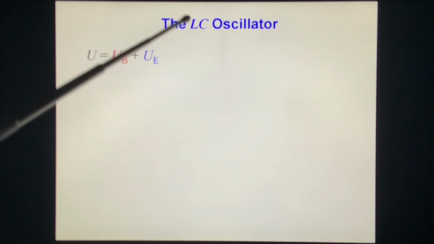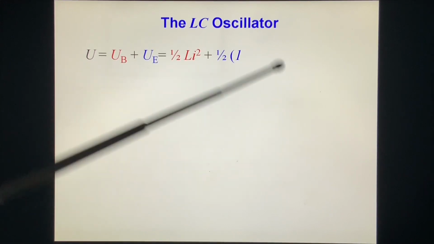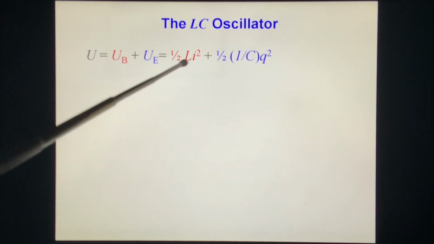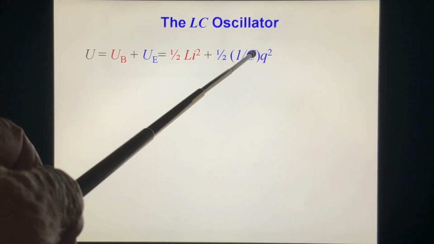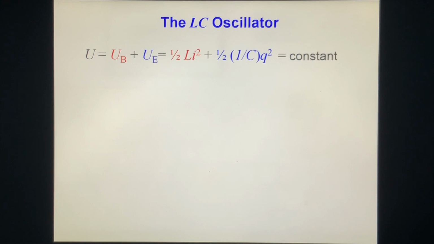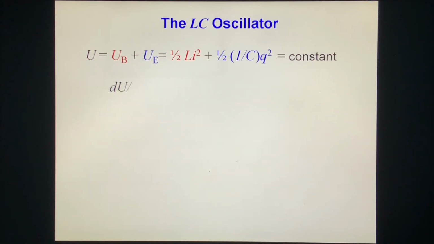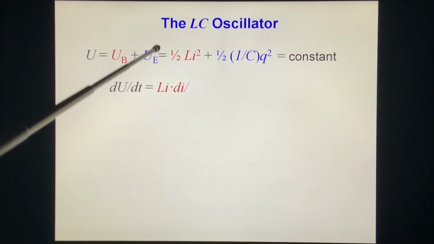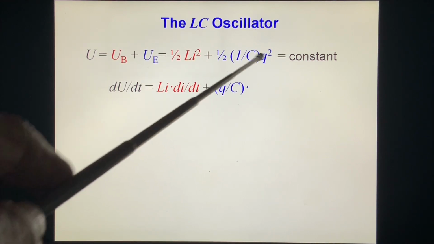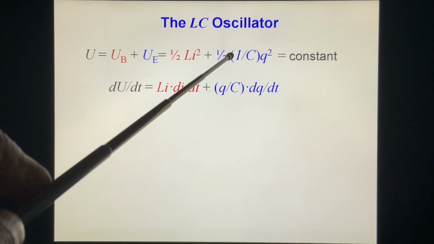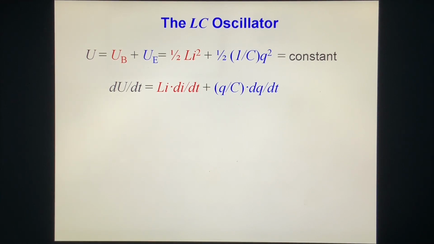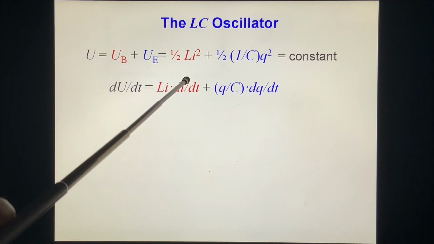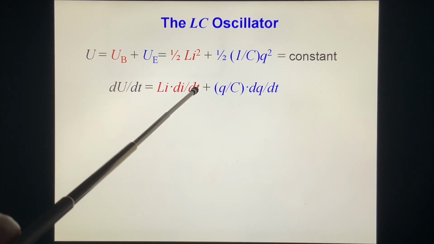Now we go back to the LC oscillator. Same reasoning. This is for the coil, the magnetic field, and this is the electric field in the capacitor. The total is constant, so with dU/dt equals 0, the halves cancel out: L i di/dt plus q over C dq/dt equals 0, and i is dq/dt. So di/dt is the second derivative of q with respect to time t.